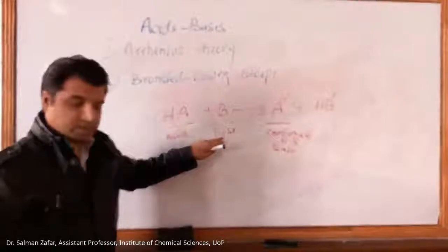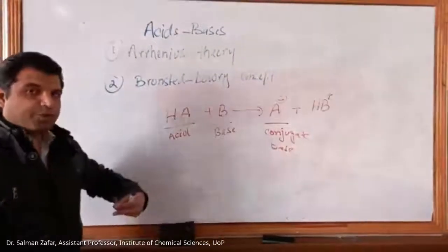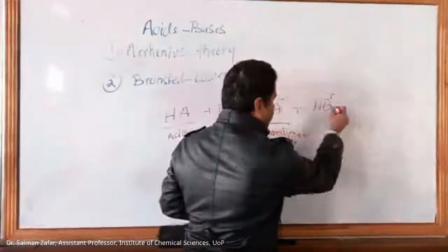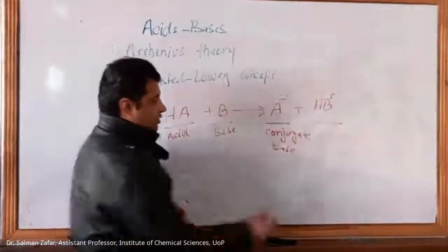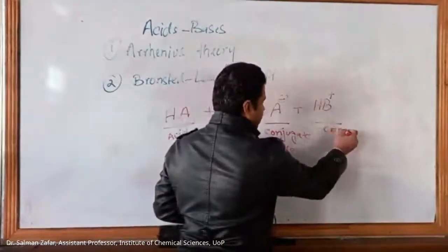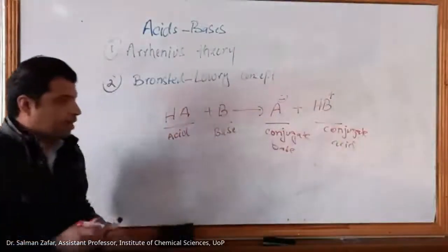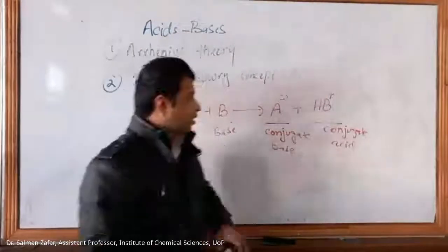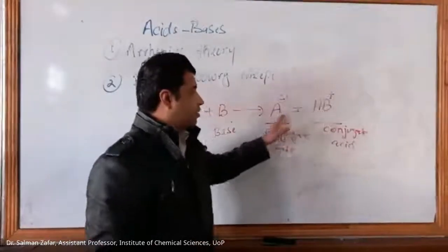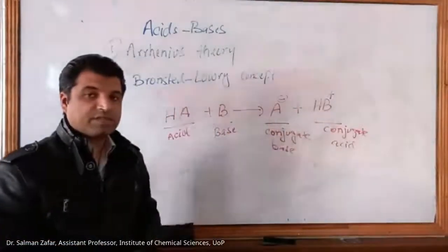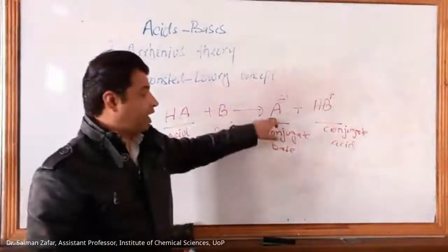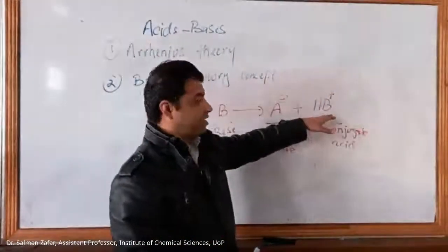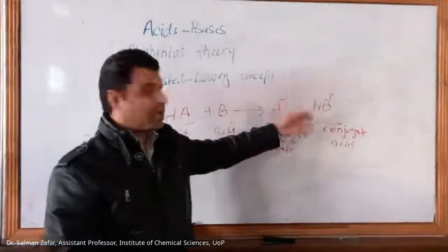And this base, after abstraction of proton or acceptance of a proton, is being converted into this cation. So this is the conjugate acid of this base. Now why do we call them base and acid? You can clearly see from the chemical nature of these two species. Here we have an anion, A minus, and here we have a cation, HB with a positive charge.